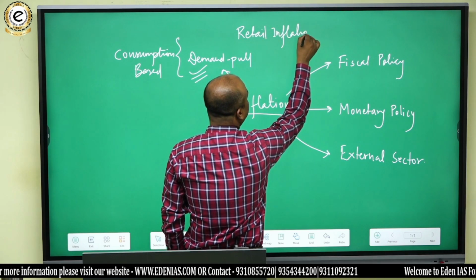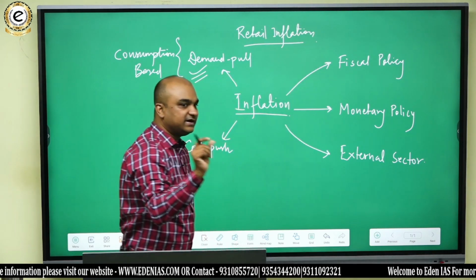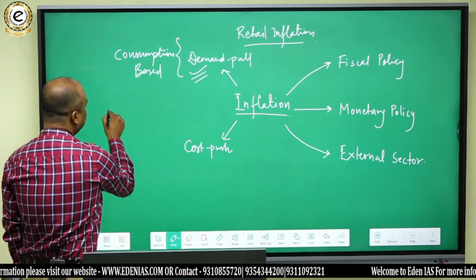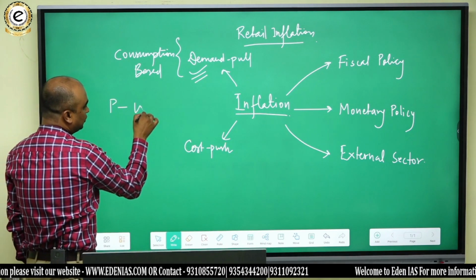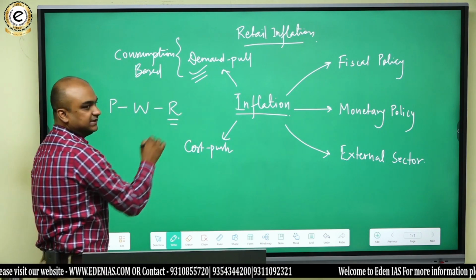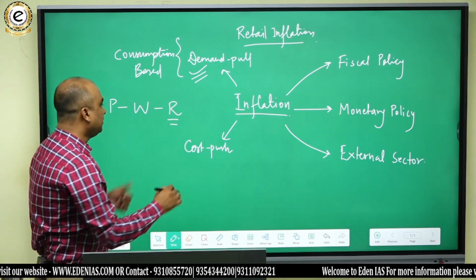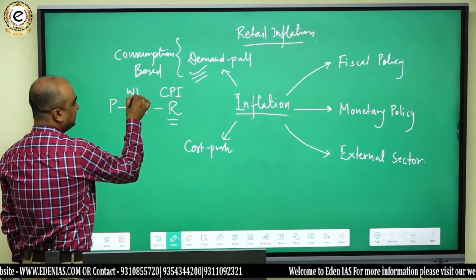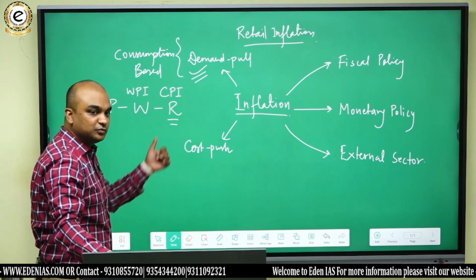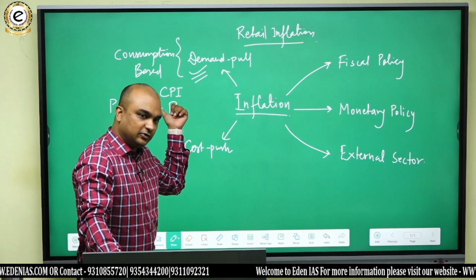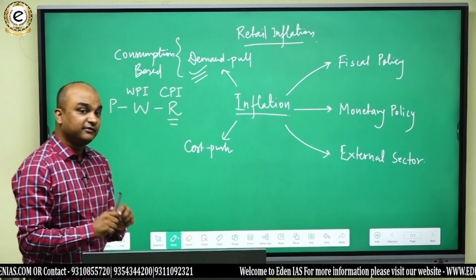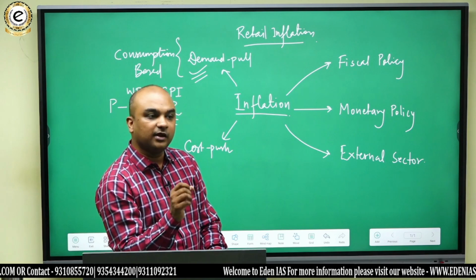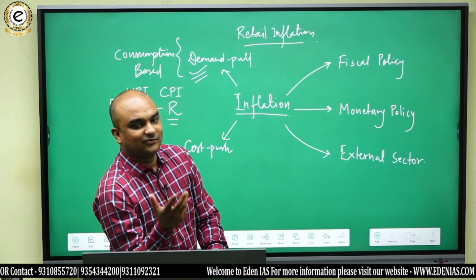Now you understand, inflation can also be calculated at different levels, like at the level of producer, at the level of wholesaler, and at the level of retailer. Got it? Now, I hope all of you are aware of these two indices, the consumer price index and the wholesale price index. Headline inflation in India is measured with the help of what?